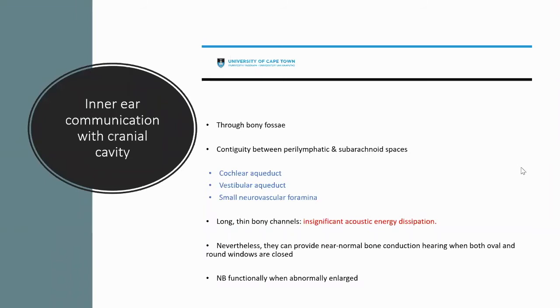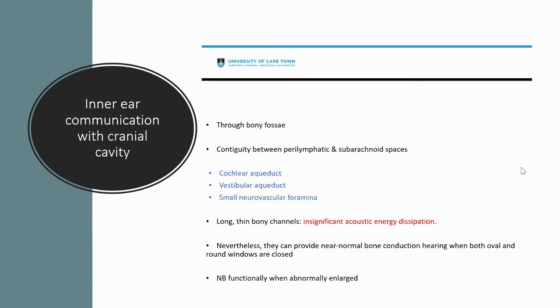Now, when there's an inner ear communication with the cranial cavity, we've got these bony fossae, and there is usually contiguity between the perilymphatic and subarachnoid spaces, and those are via your cochlear aqueduct, your vestibular aqueduct, and all these other small neurovascular foramina.